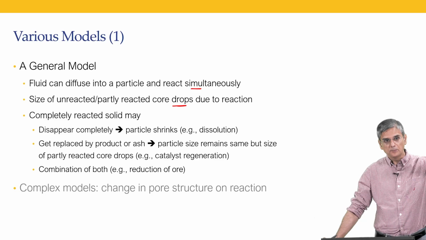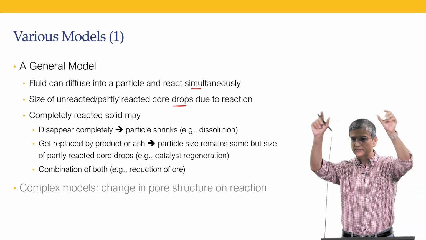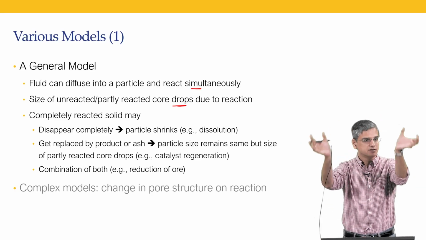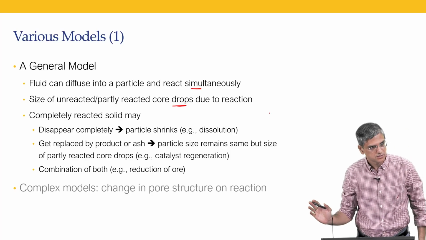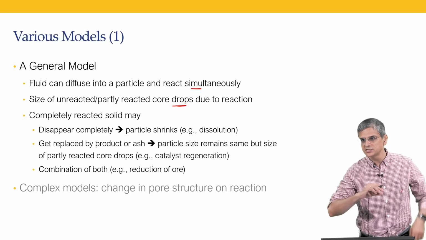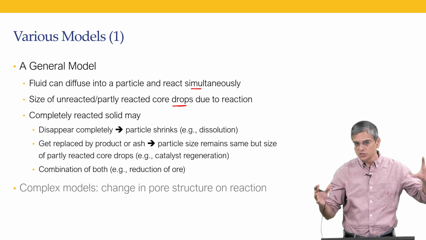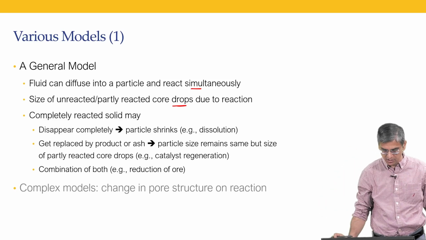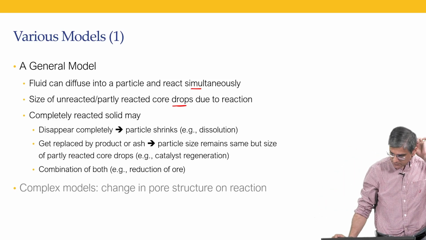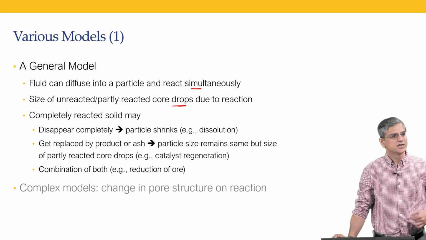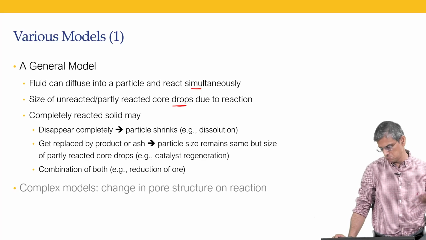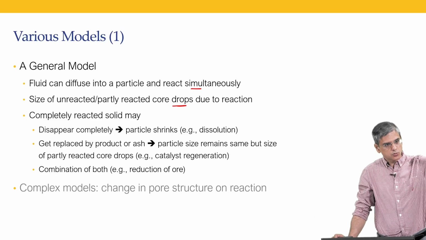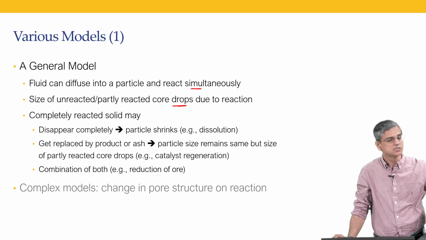Now, the completely reacted solid, the red shell, might disappear completely, which means you do not really have the shell at all, you only have a particle that is shrinking. So, particle shrink, that is what happens in dissolution. Or it gets replaced by a product or an ash, the particle size remains the same, but there is only diffusion, no reaction taking place.